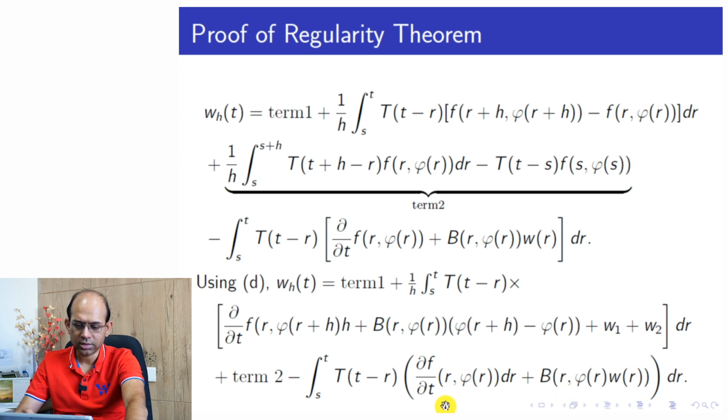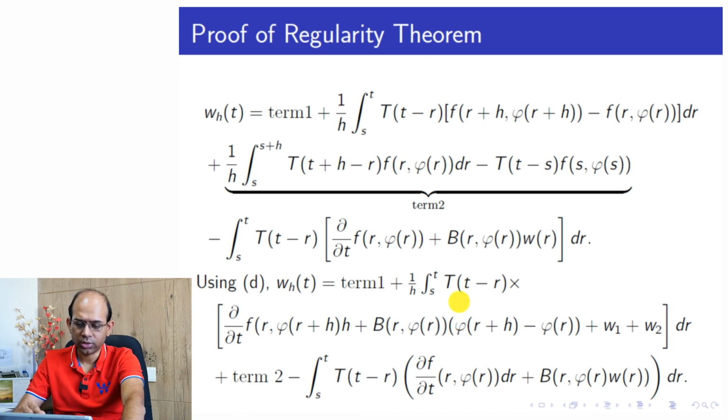So these two terms look very similar. The only difference is that here we have w, and here I have phi r plus h minus phi r. That is the thing we really need to check. This is the main term, which would give me again WH, so I would get an equation in WH. Okay, so let us go to the next slide.